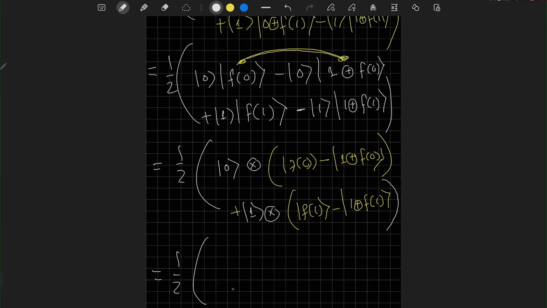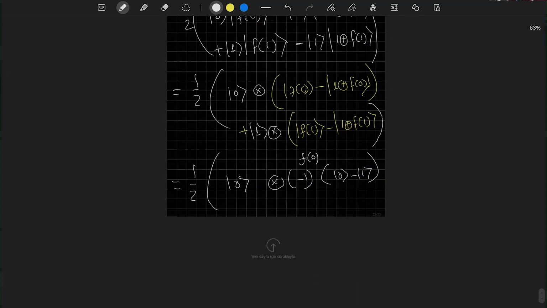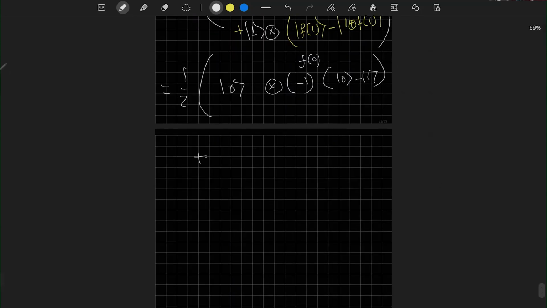So I can write this in simple form as follows: 1/2, ket 0, ket 0 minus ket 1, with minus 1 raised to the power f of 0, plus the same for ket 1 with f of 1. Now, this thing is just a number, equal to plus 1 or minus 1.